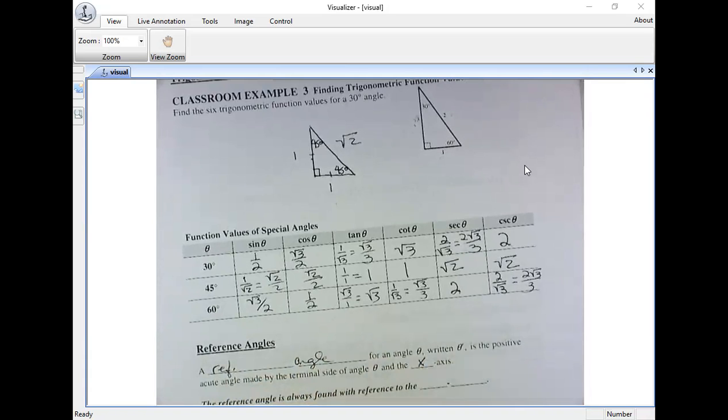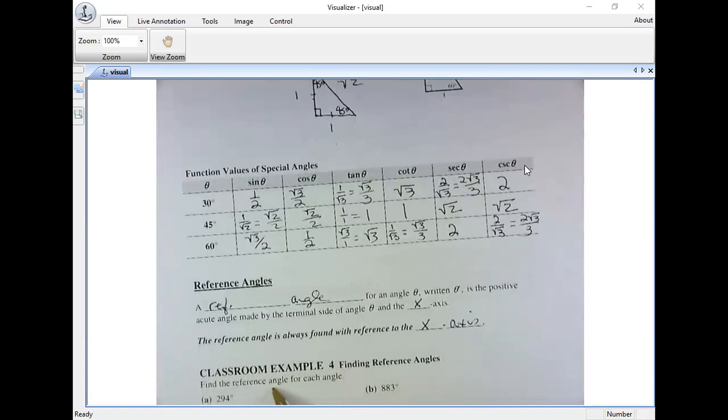So we're going to make sure we always find a reference angle by using which axis? The x. Remember when I said make sure you drop your perpendicular to the x-axis? It's really important that that's the way you draw it, because this reference angle needs to be between that side, or the angle itself, and the x-axis, okay?